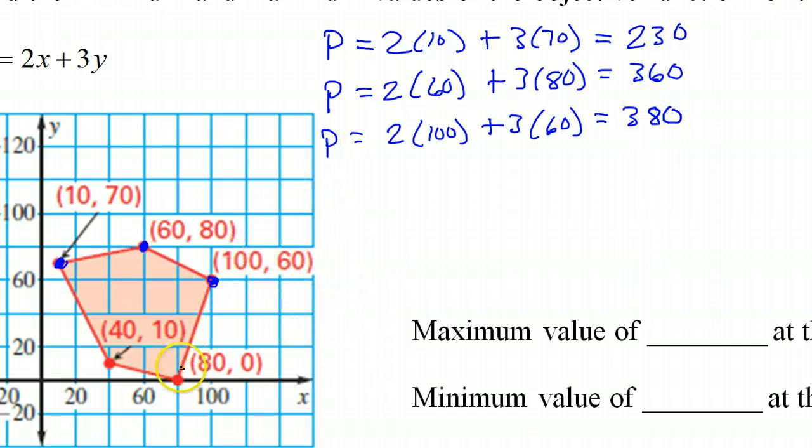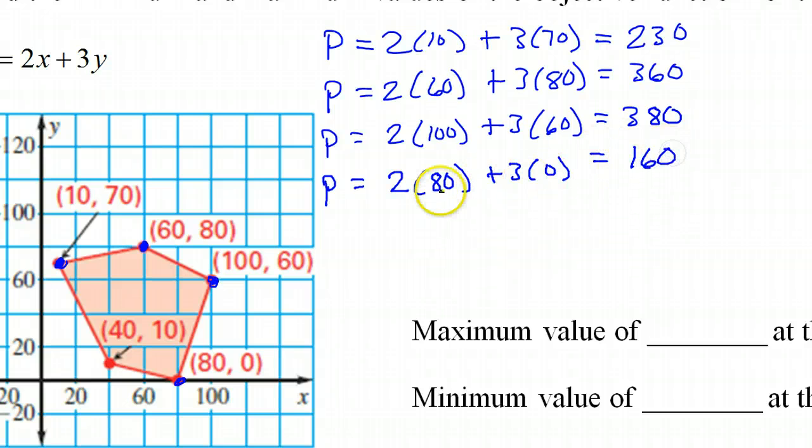So that brings us to this one. Well, 3 times 0 is 0, so I can ignore that. So 2 times 80 is 160. So that's that one.